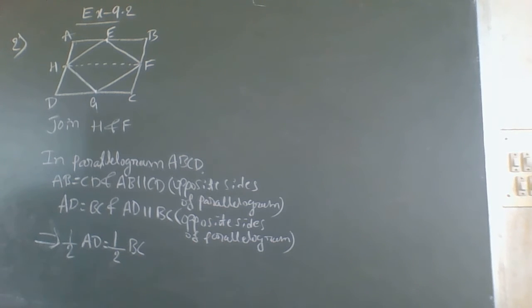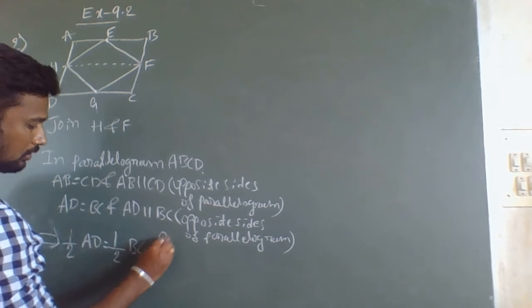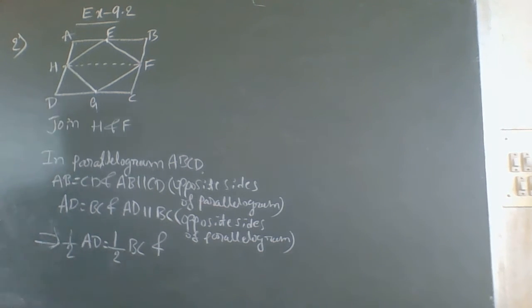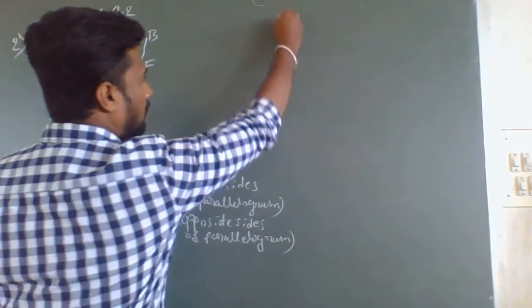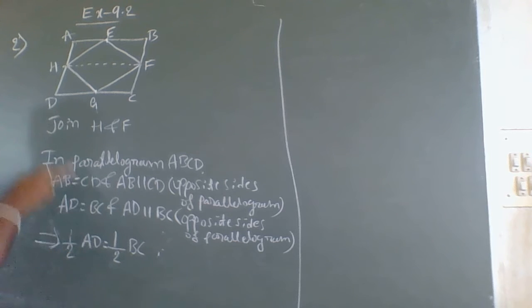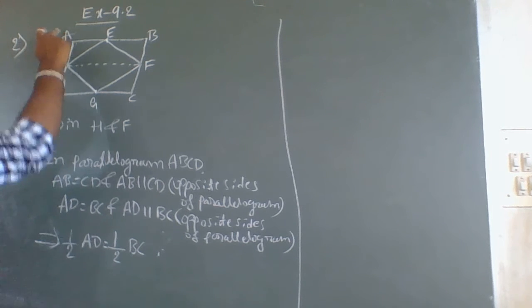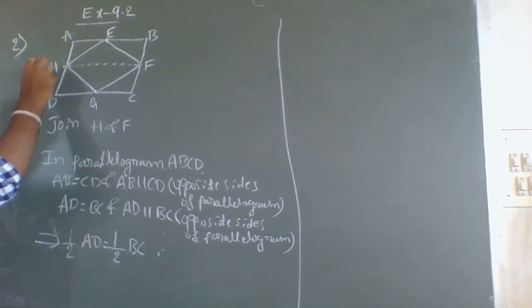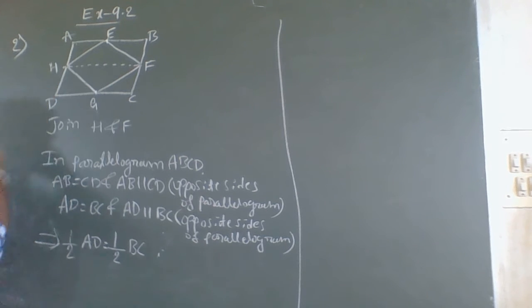So now, 1 by 2 AD, what will we get? 1 by 2 AD means half of AD, which I will write as AH. Why is 1 by 2 AD equal to AH? Because H is the midpoint of AD.